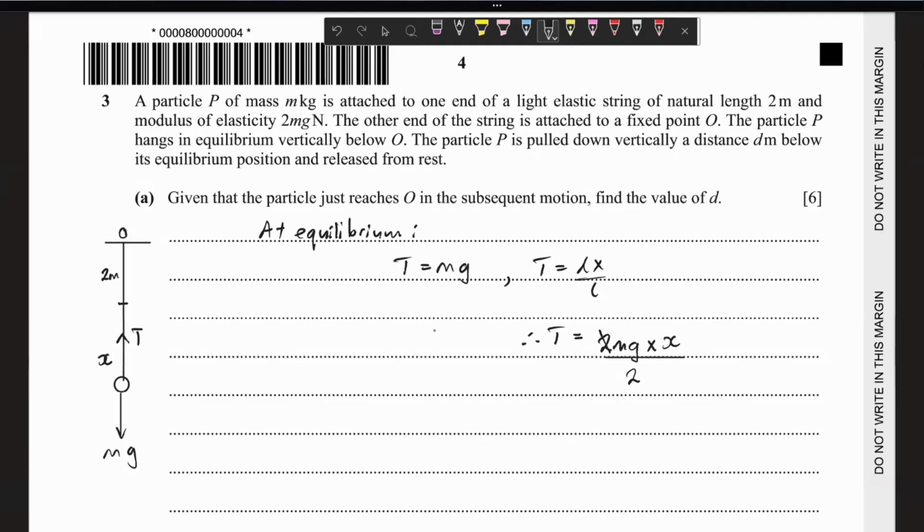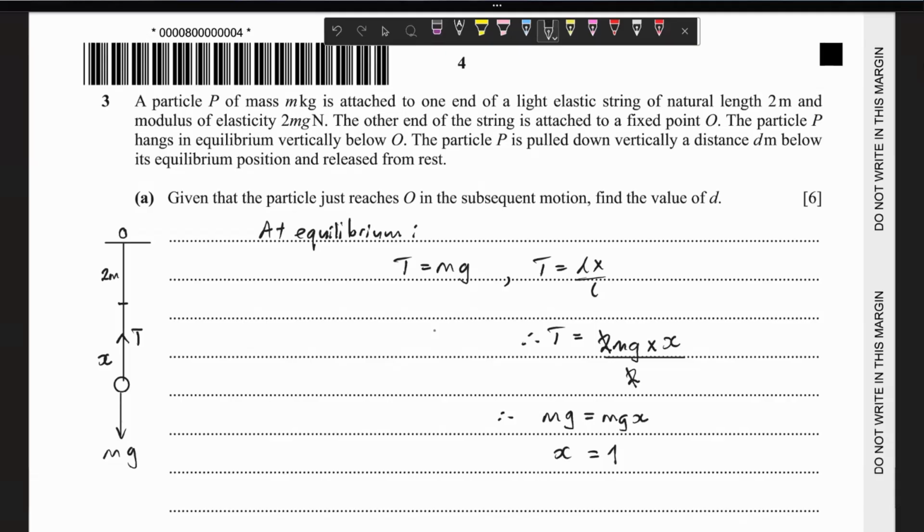So the 2's cancel. And for T, remember, we'd gotten here that T is mg at equilibrium position. So we can therefore say mg is equal to mgx, because that's what remains here, right? Which leads to us having x to be 1. If we divide both sides by mg, we get x being equal to 1. So we now know what the extension is at equilibrium position.